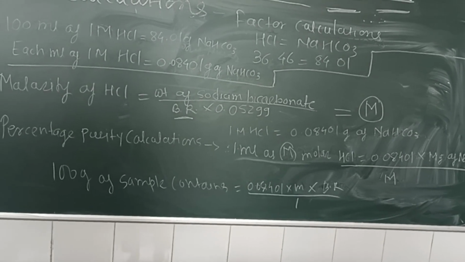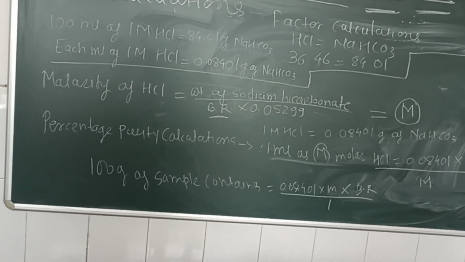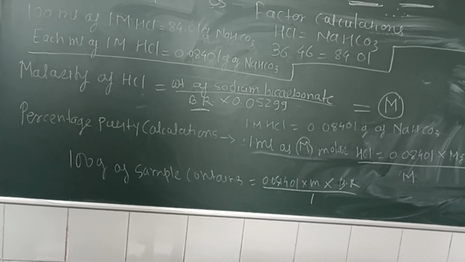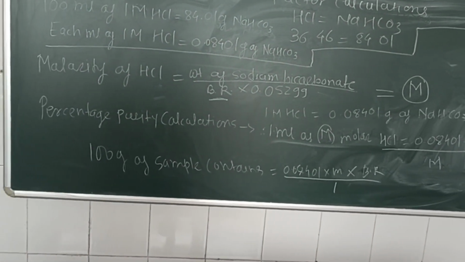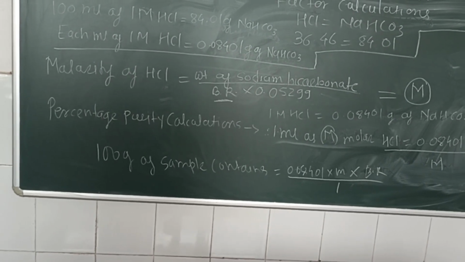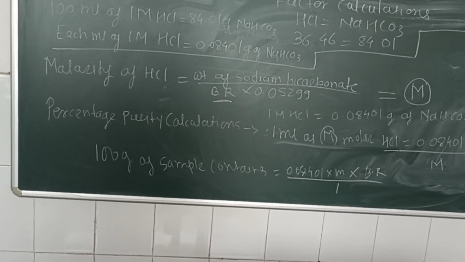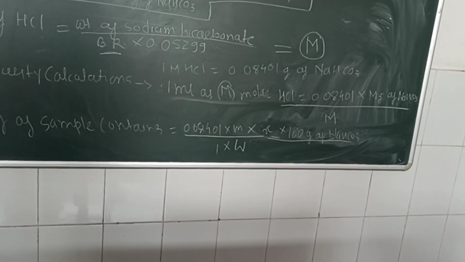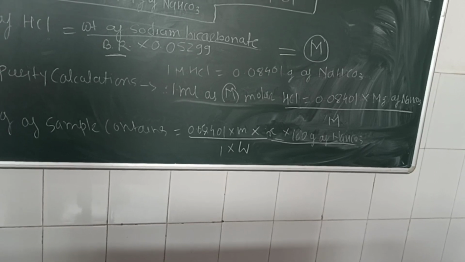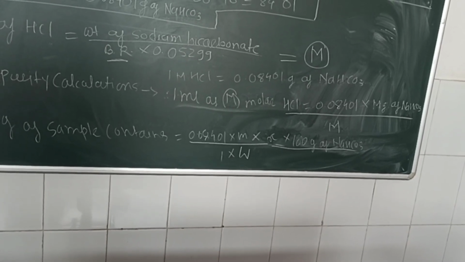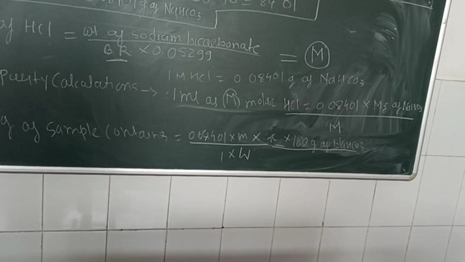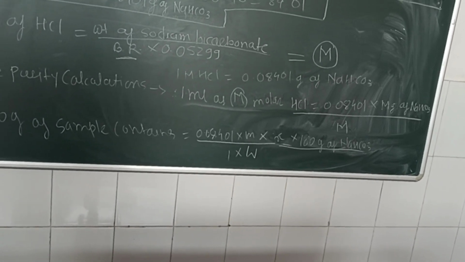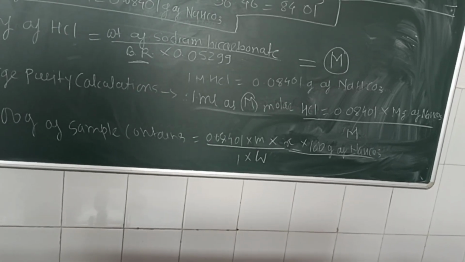With the help of this we finally calculate the percentage purity. The formula is: 100 gram of sample contains 0.08401 into M, that is molarity, into X, into 100 gram of sodium bicarbonate, divided by molarity and weight.